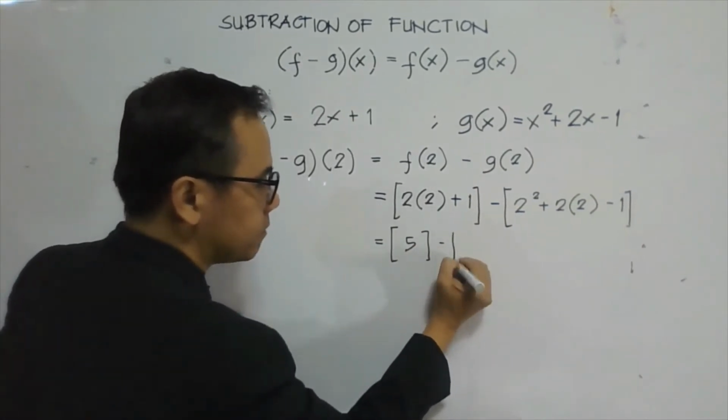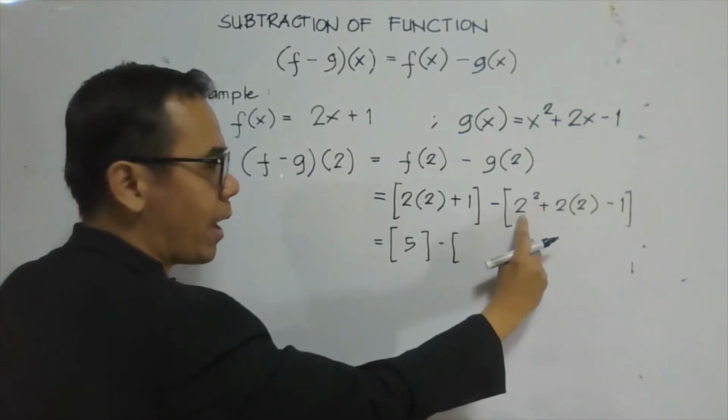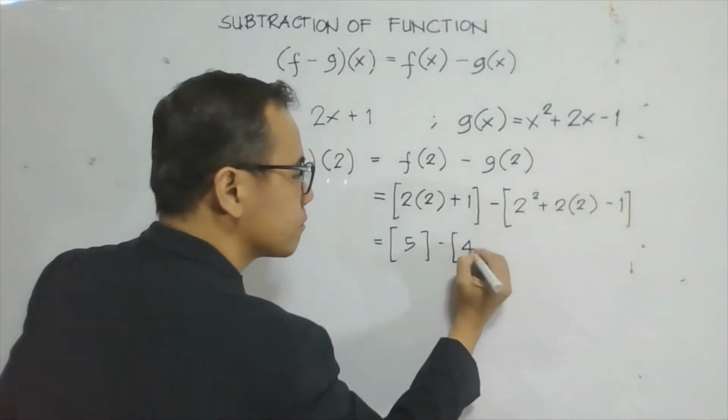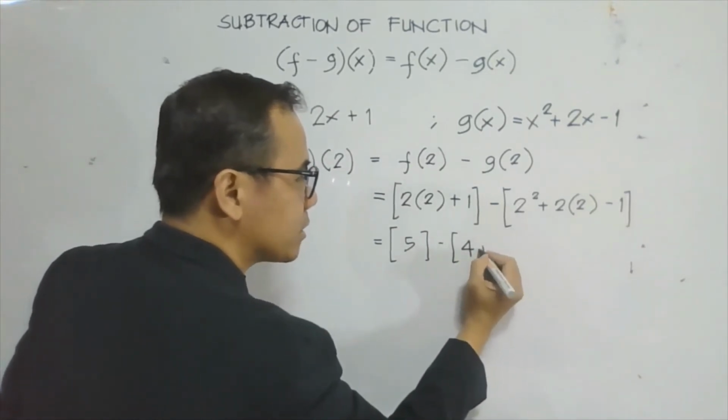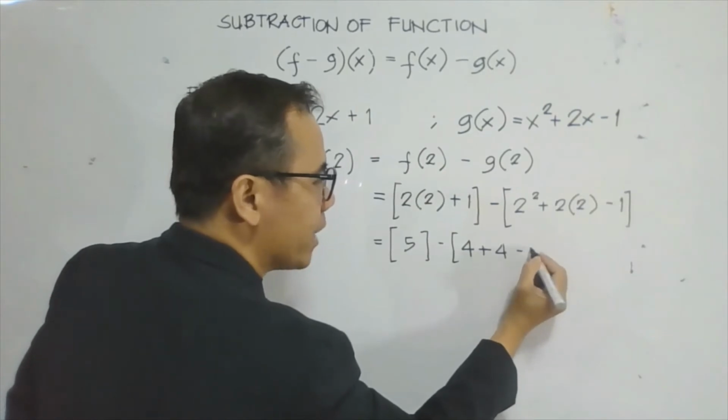minus, it's 2 squared. It means you have to multiply 2 twice. It's 2 times 2 is equal to 4. Plus 2 times 2 is equal to 4. And then minus 1.